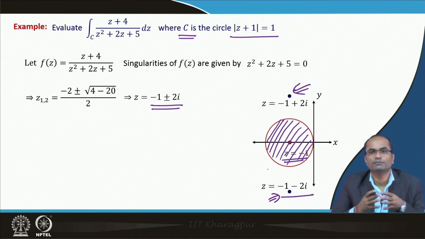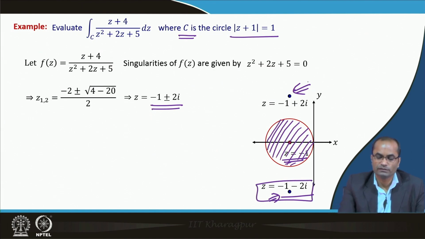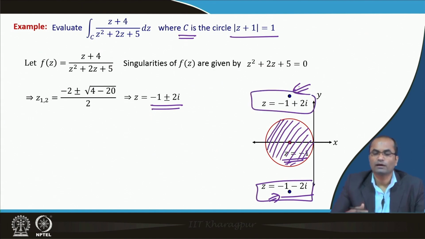So, there is no problem to apply the Cauchy theorem for the given integrand, because these points where the function is not analytic are outside this domain. So, they are not of concern for this domain here.